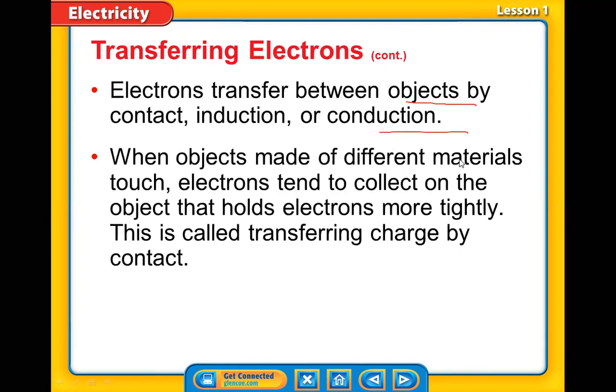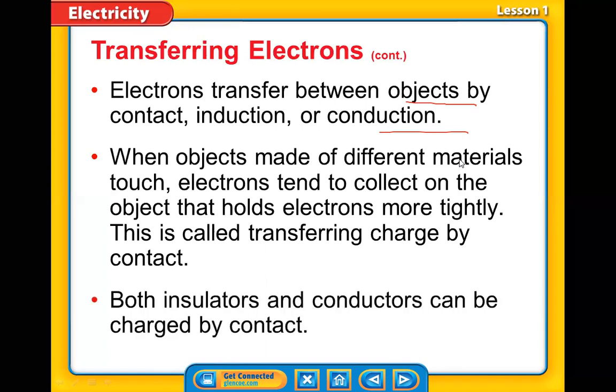If two objects made of different materials touch each other, the electrons tend to collect on one object only, and this object will have the ability to hold the electrons more tightly. This way is called charge by contact. That's happening in the conductor or the insulator. So the three ways are contact, induction, and conduction. The contact one depends on one object being able to hold the electrons more tightly than the other one, so it can be charged by contact now.